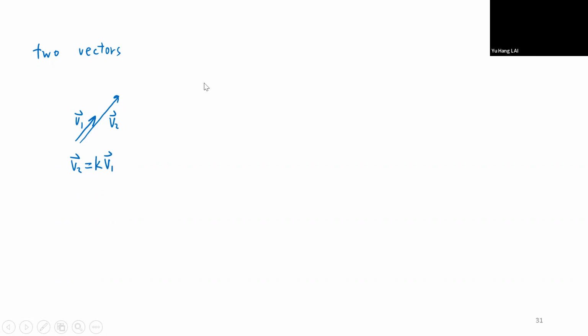Now if I have two vectors, but this time they are not parallel to each other, that means you cannot find a constant k such that v2 equals k v1.